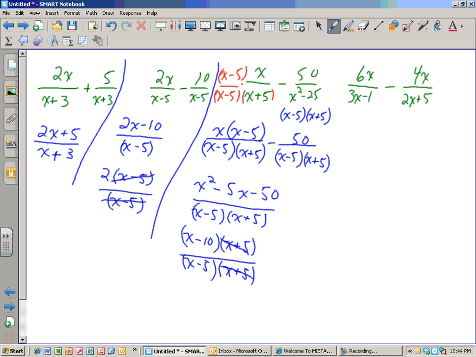And I'm left with x minus 10 over x minus 5. And I cannot reduce that in any way. X minus 10 over x minus 5 does not reduce at all. Okay, any questions on that?